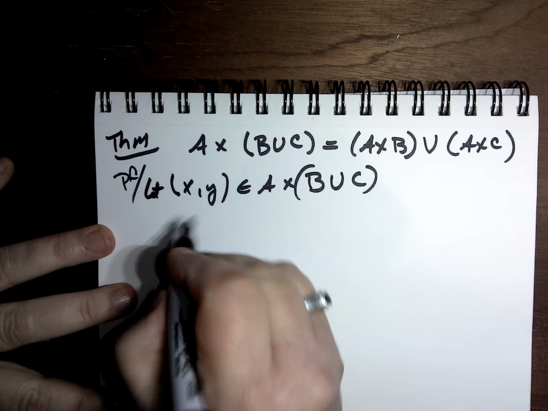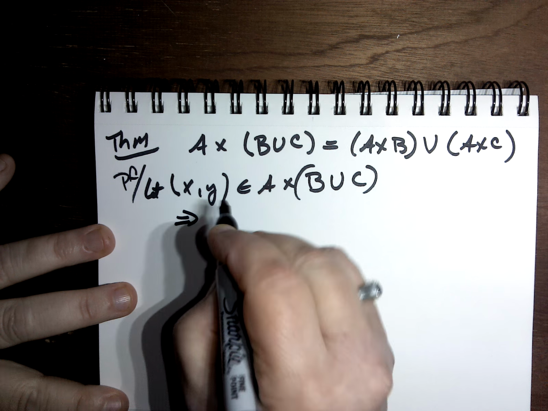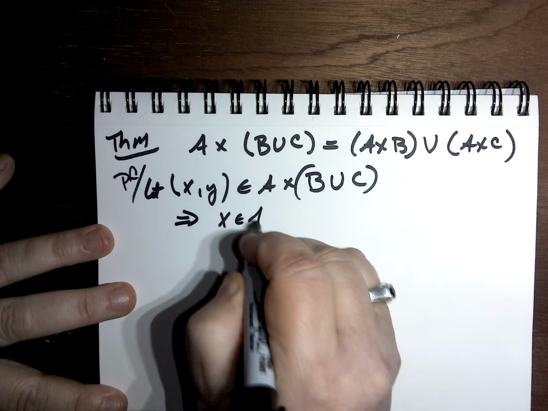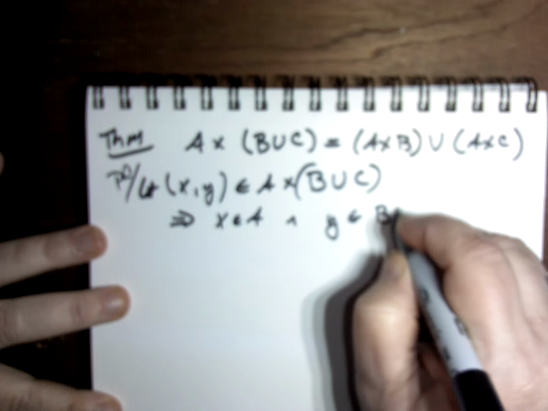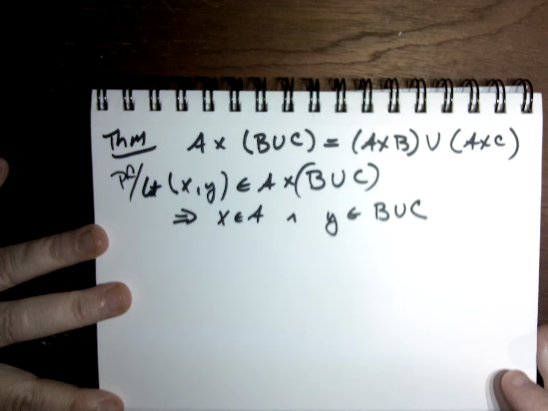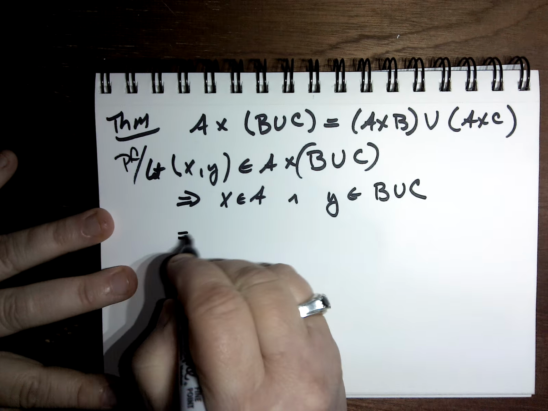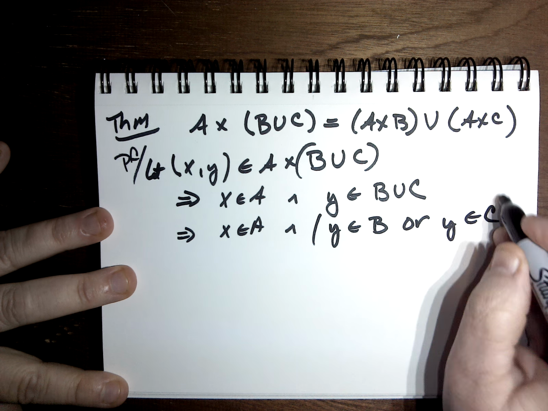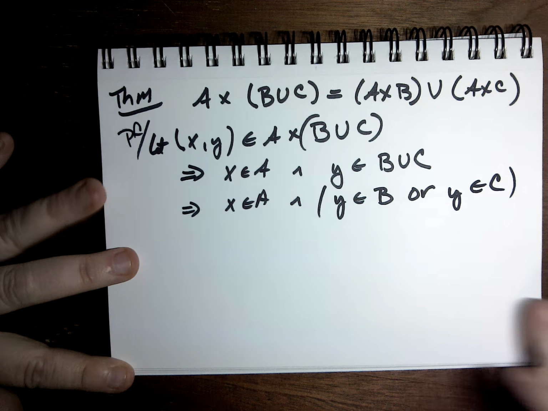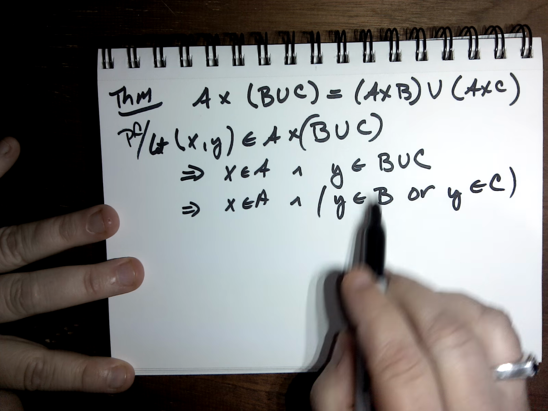Now, if that's true, that implies that x is in A and y is in B union C. That implies, well, if x is in A, I'm leaving that one. If y is in B union C, that means y is in B or y is in C. Now, we know from logic that AND distributes over OR.